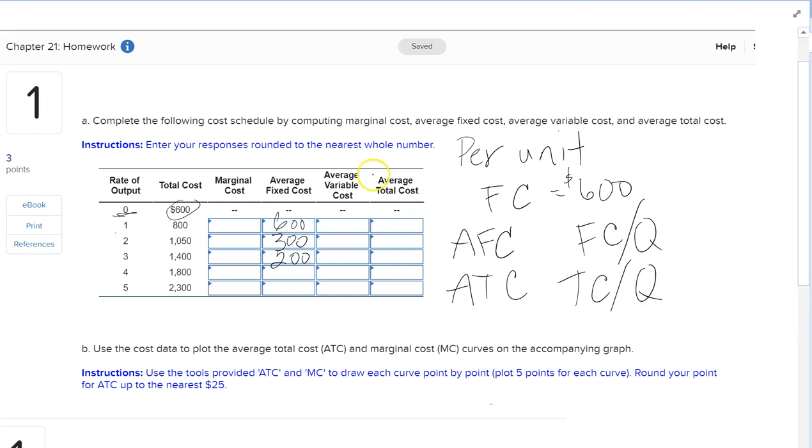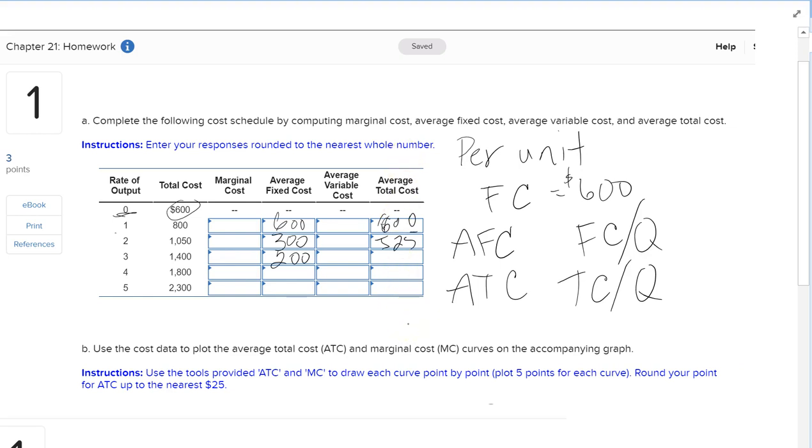So our average total cost for 1 is 800. For 2, it's going to be our total cost divided by our output. So it's 1,050 divided by 2, so it's going to be 525. 1,400 divided by 3, and so on and so forth. So that's how you're going to do your average total cost.